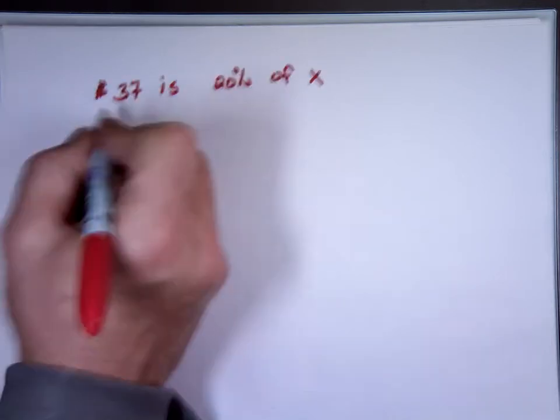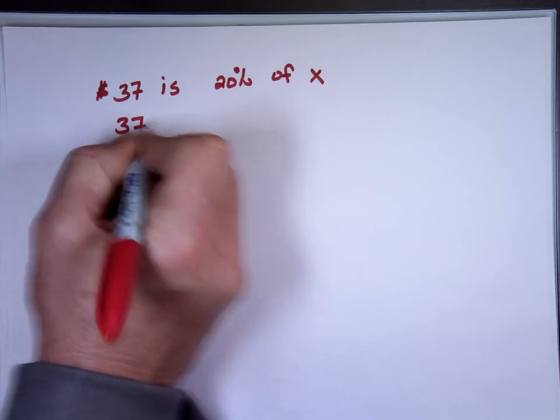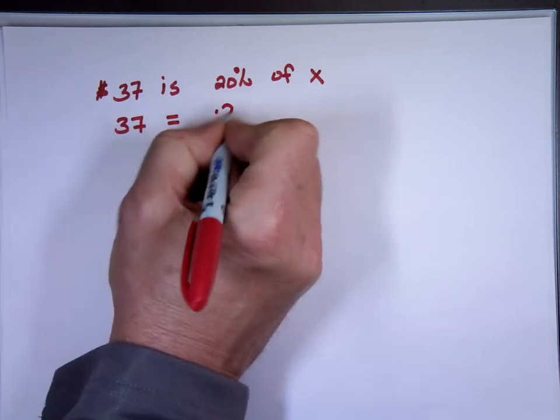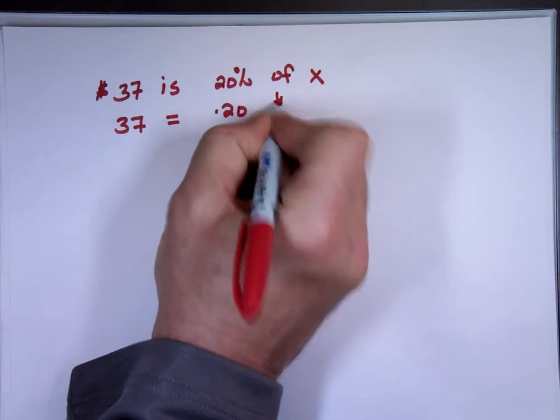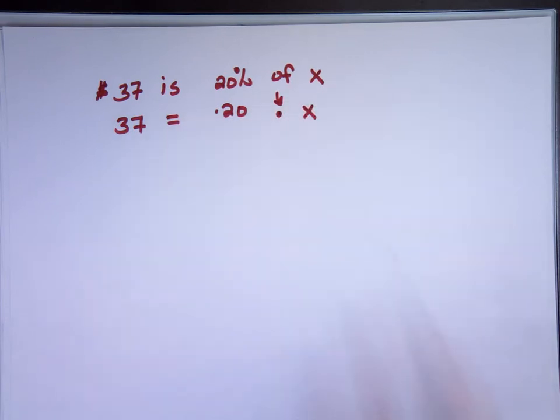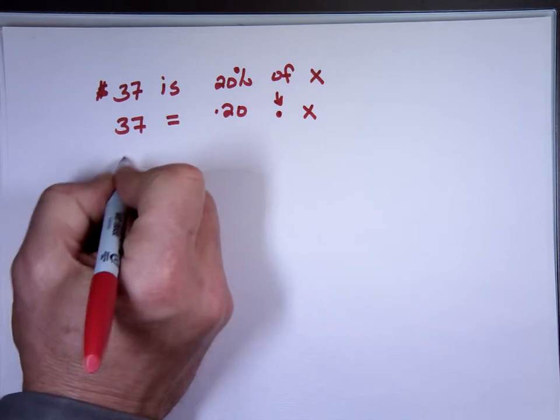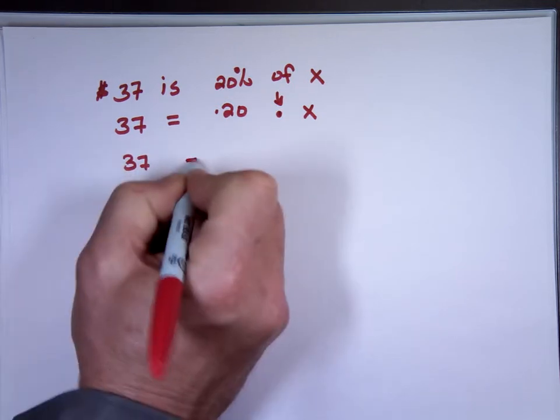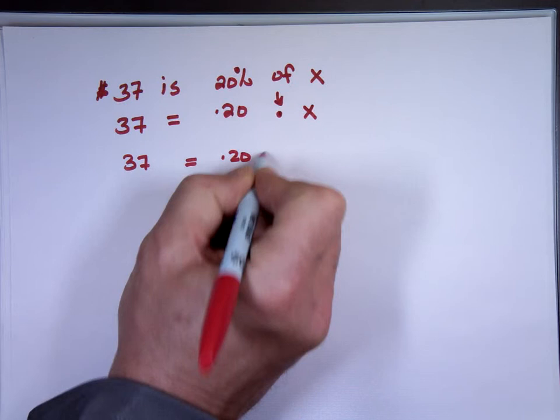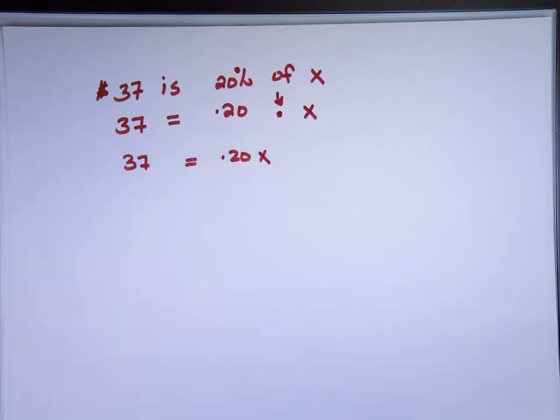Again, is means equal. Of means multiply. $37 equals 0.20x. To solve for x, that's a multiplication, so we're going to do what?